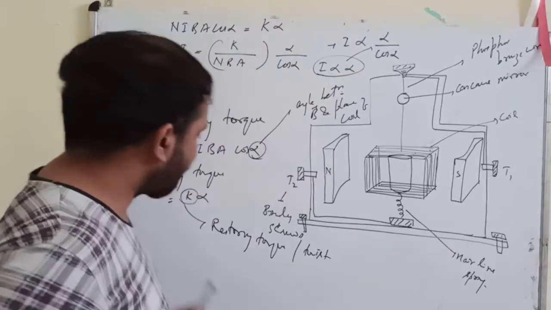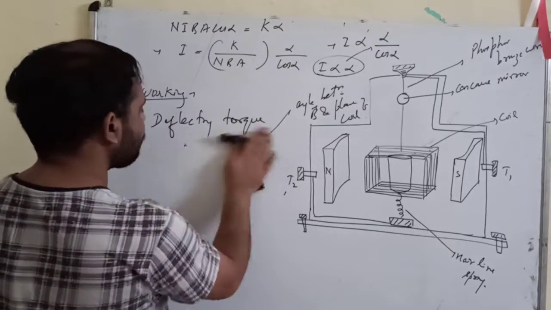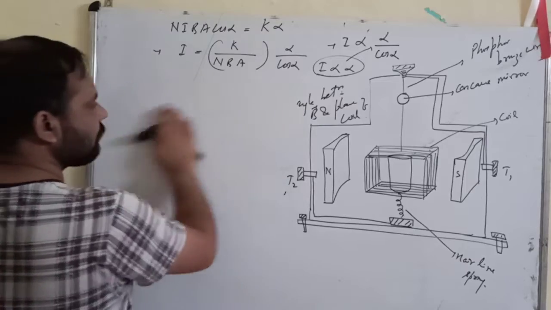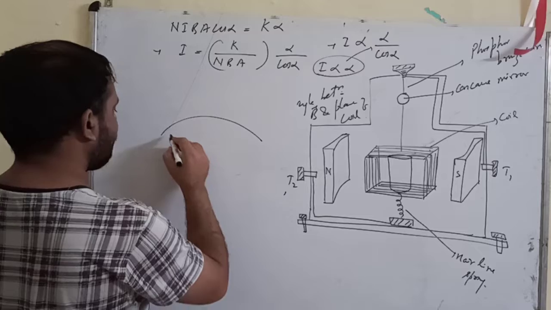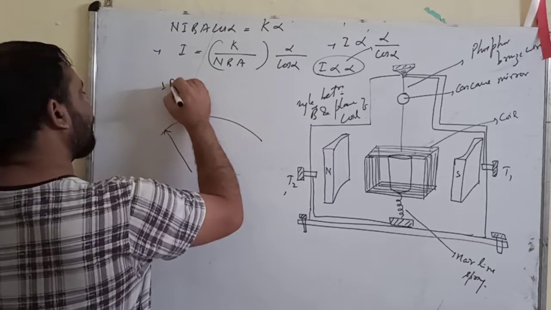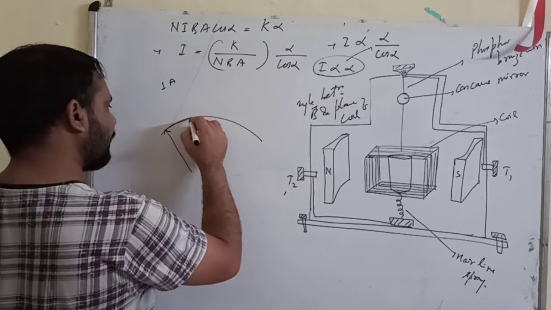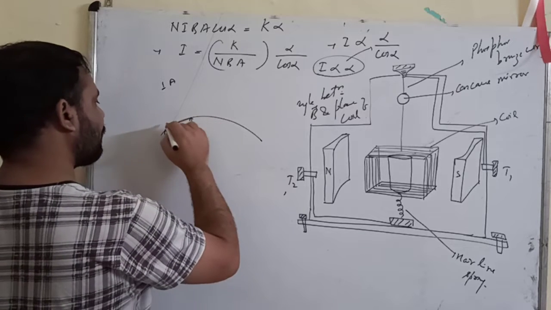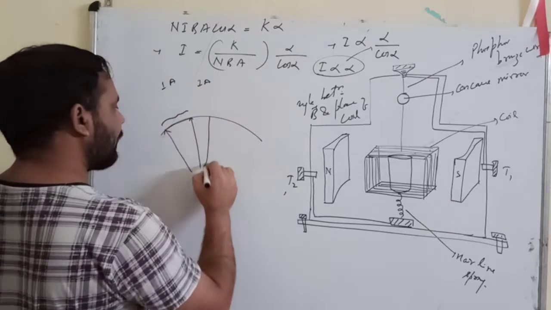I would like to just explain this point. Suppose this is your needle, right? Now for 1 ampere, suppose the needle turns through this much length. For next 1 ampere, it turns only this much length.